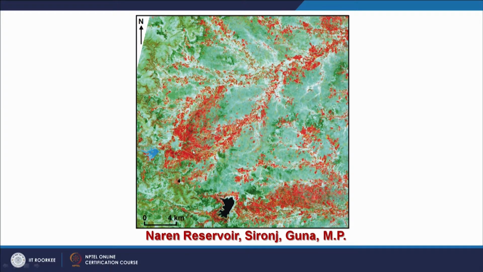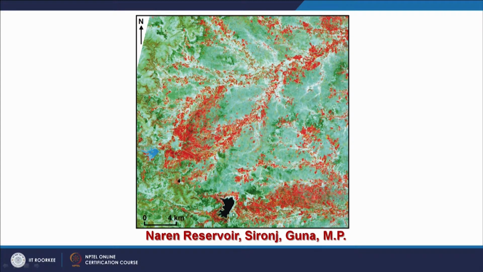This is a false color composite image in which the vegetation appears red. One reservoir you see in a light blue color, another reservoir in a dark or black color, and a very tiny one is also seen here. What you would also observe is that downstream of these reservoirs there is a growth of vegetation.